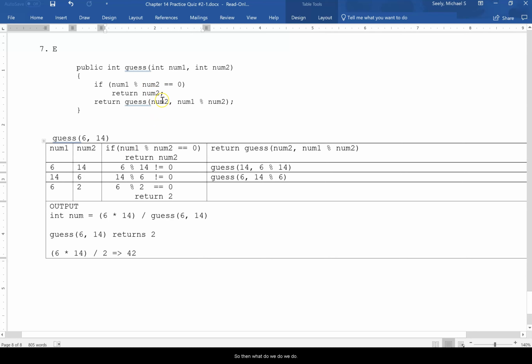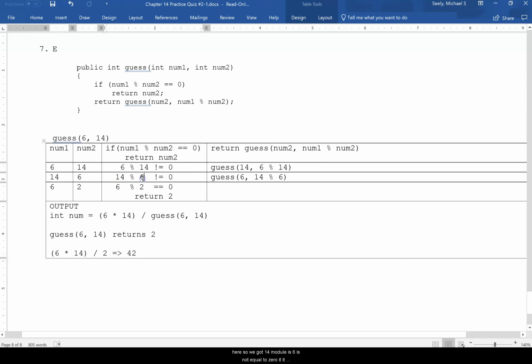So then, what do we do? num2, which is 14, gets passed into num1, so num1 becomes 14. And then we got 6 modulus 14, which is just 6, gets passed in here.